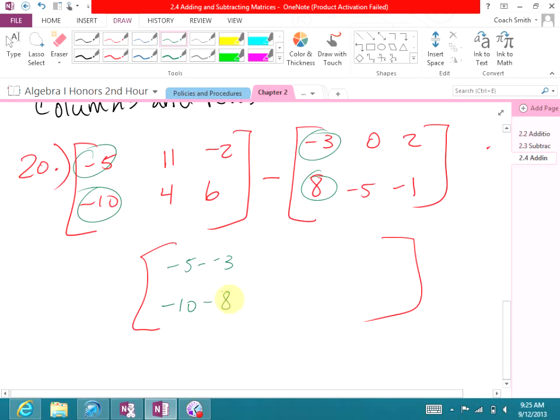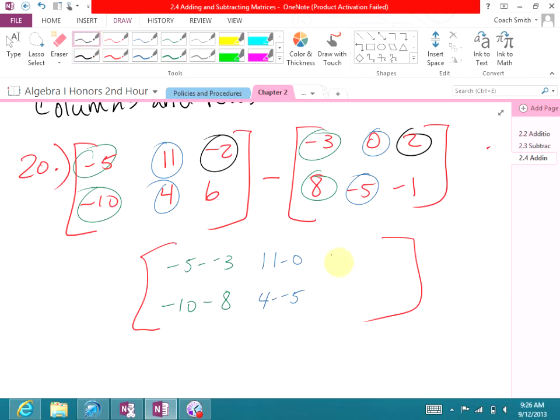Then 11 minus 0. And then 4 minus 5, -5. Then -2 minus 2. And then 6 minus -1.